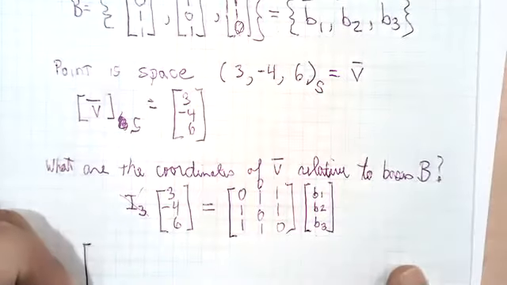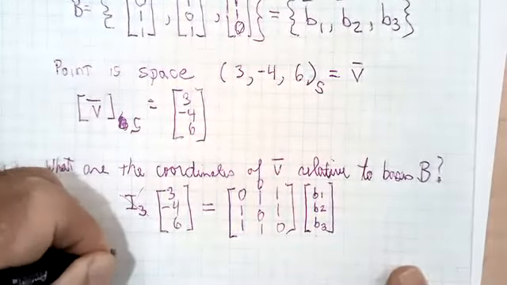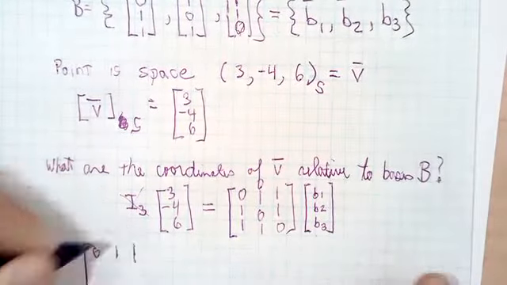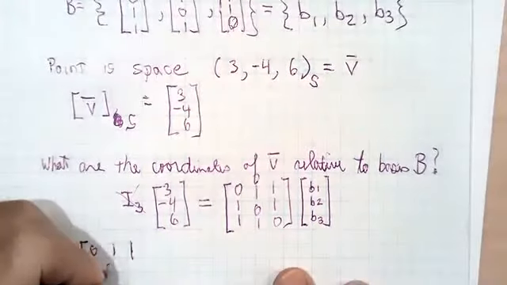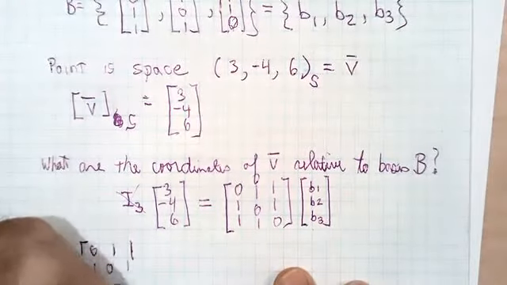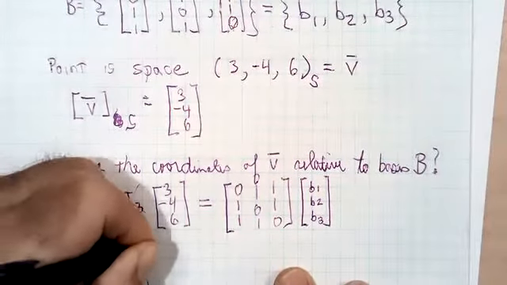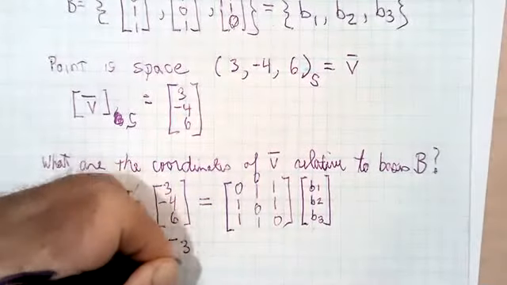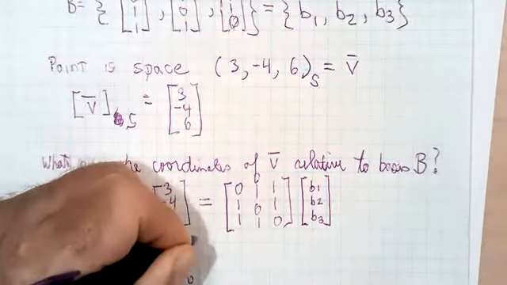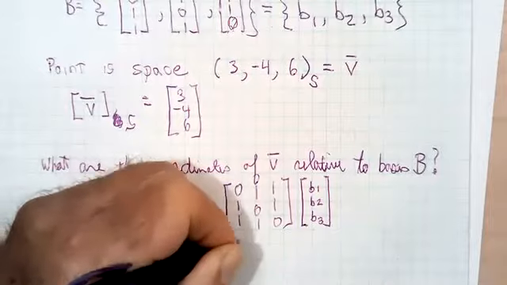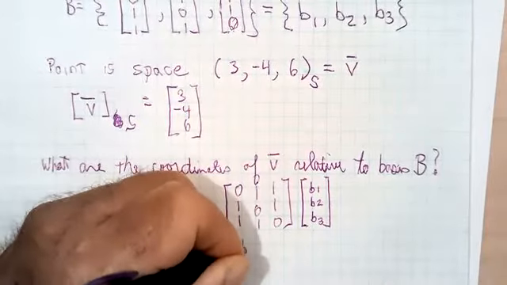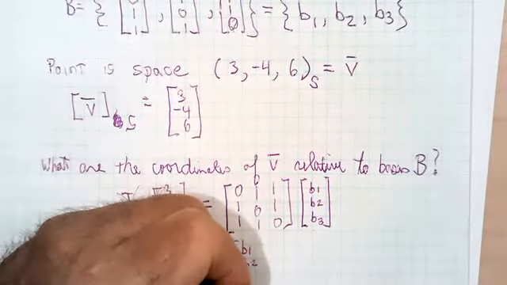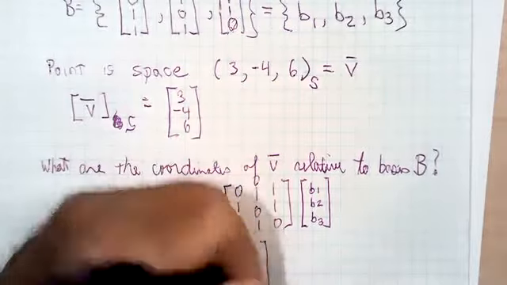So I know that if I took the inverse of this basis matrix, multiplied it by 3, minus 4, 6, then I should come up with the coordinates in the new coordinate system.